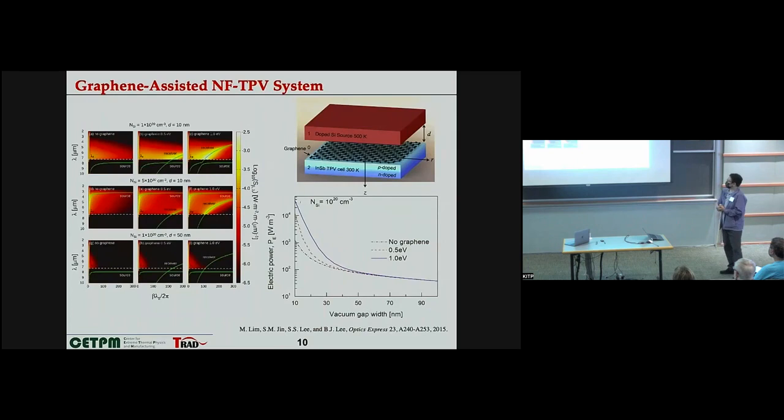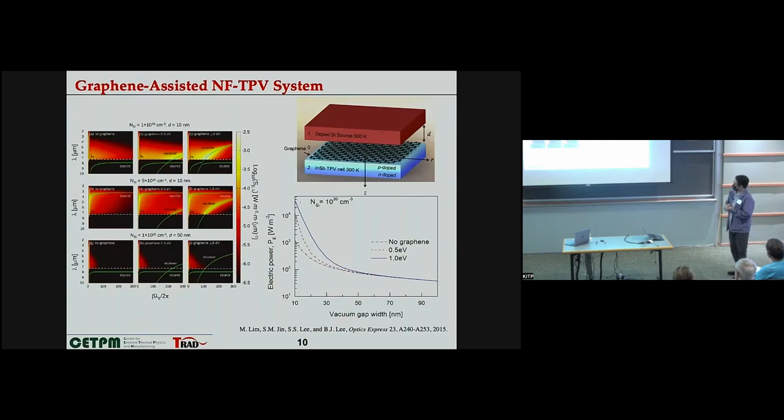So we apply these ideas to the TPV devices. With doped silicon as the source, we use an indium antimonide TPV cell, and use a monolayer graphene on the TPV side, and hope that the graphene can enhance the heat transfer rate as well as the power throughput of the devices. And the basic idea works by matching the resonance frequencies of doped silicon and the graphene plasmons.